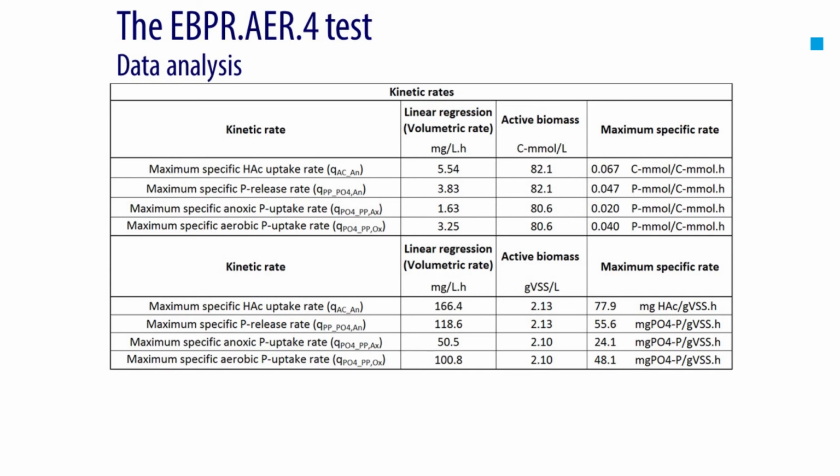As observed, the maximum anaerobic HAc uptake rate of 0.67 C-mol per C-mol per hour, or 7.9 mg HAc per gVSS per hour, is lower than the values reported for lab-enriched cultures, but higher than the rates observed in full-scale systems.